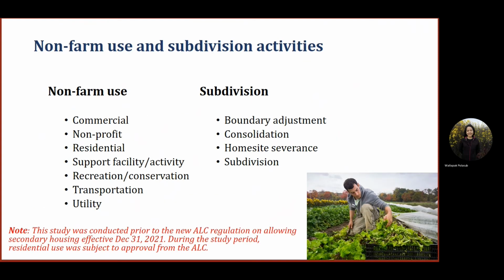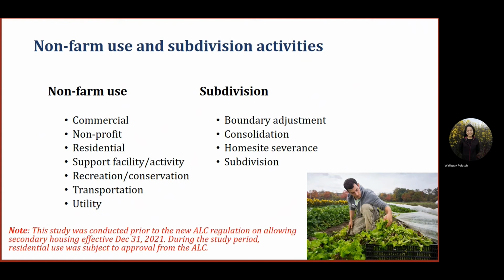Next, we have to define the types of non-farm use applications and subdivisions, so we have to code them. We read the application and then code them into different categories. For example, we have 7 categories for non-farm use.